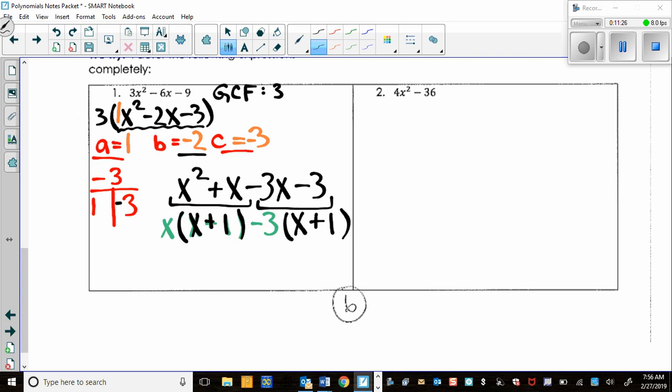So notice how the two factors that I've written out in the black ink, these match. So this is one of your factors. And the next factor is what's left over. So x minus 3.